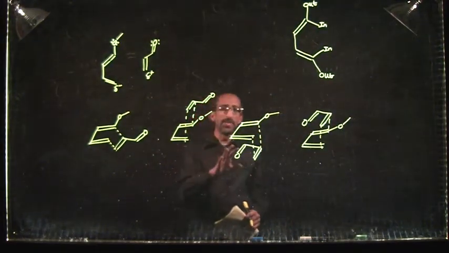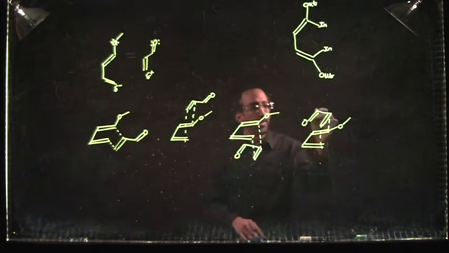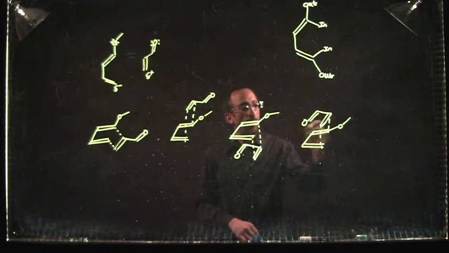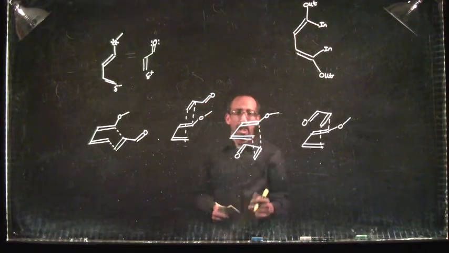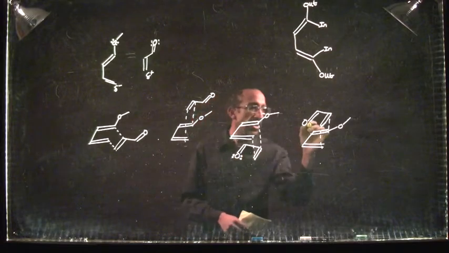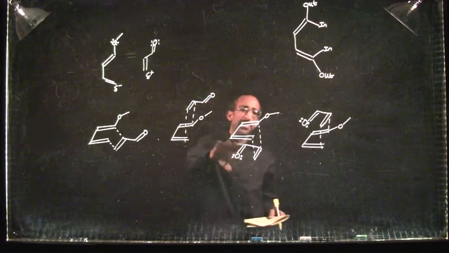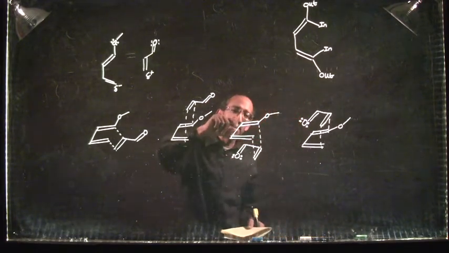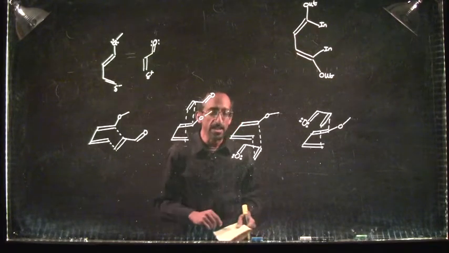Now, 2 of these are better than the other 2. And these are the 2 where we have the carbonyl, or the electron withdrawing group, situated either above or below the sigma bond of the diene. And what happens is that there is an interaction between the orbitals in this electron withdrawing group and the developing pi bond that's going to happen where our sigma bond in our diene is.